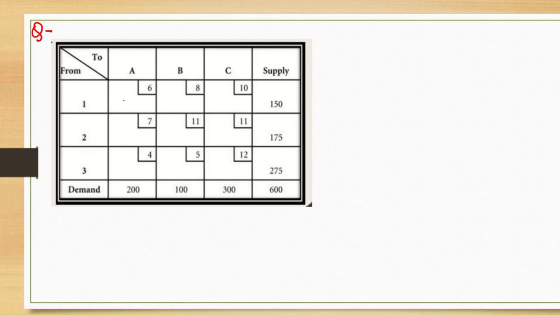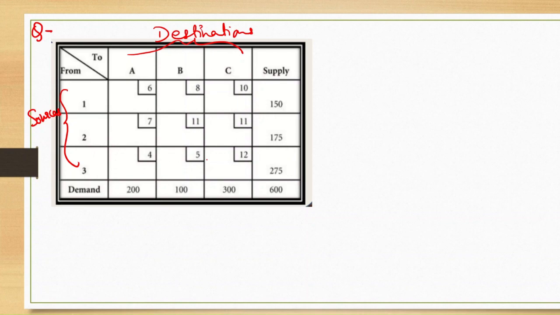Now, how could we solve it? The destinations that we have are A, B, C. These are the sources, and these three are the destinations, along with the supply and the demand.